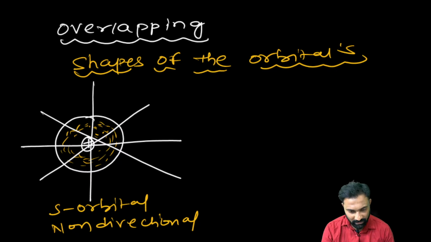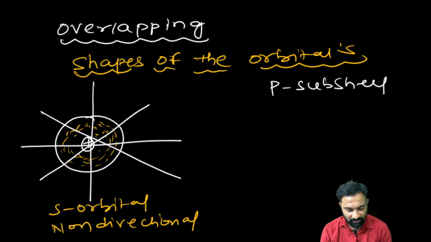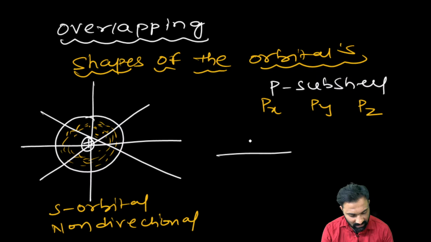Right? Now, when it comes to the p subshell, we have three orbitals: one is px, one is py, one is pz. Now, if you consider this as the z-axis, the pz orbital will be in this manner.